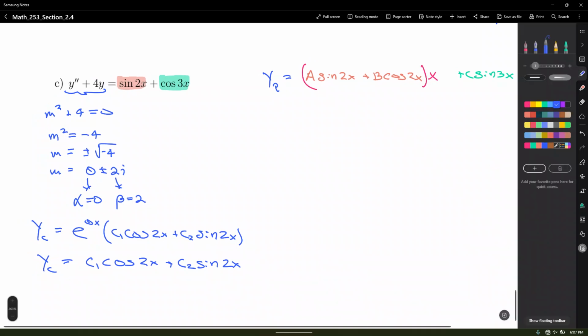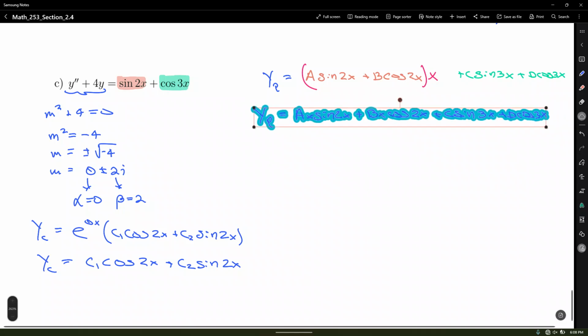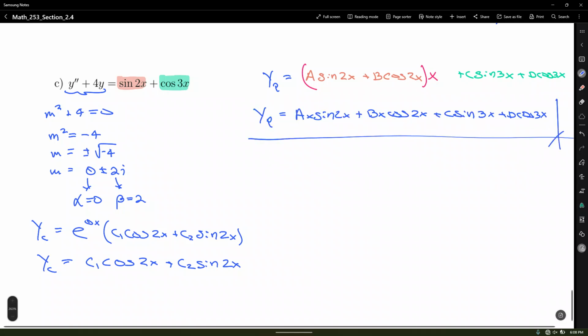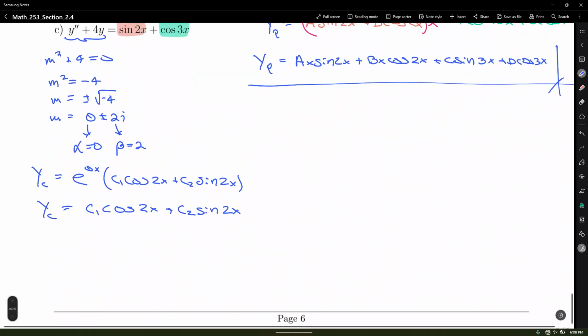So y sub p equals ax sine 2x plus bx cosine 2x plus c sine 3x plus d cosine 3x. Final answer. Is there anything else? No, I think that's about it. That actually completes the section.